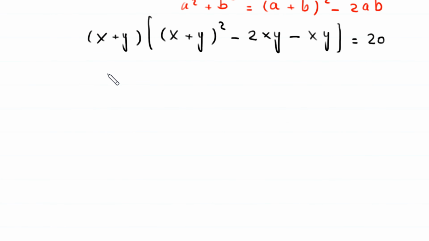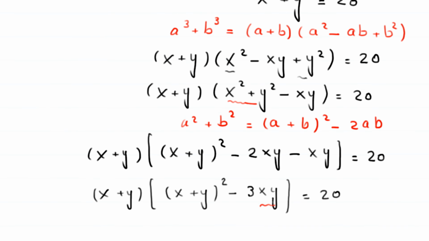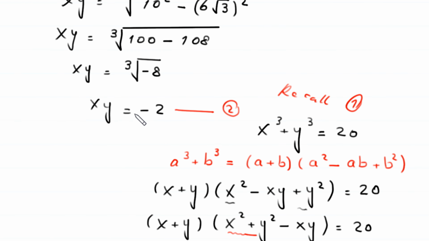Further simplify, this will become x plus y times x plus y whole squared minus 2xy minus xy will become 3 times xy is equal to 20. Now we replace this value of xy, negative 2, from equation 2.